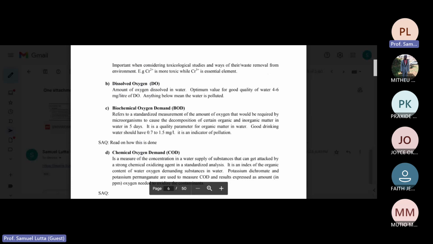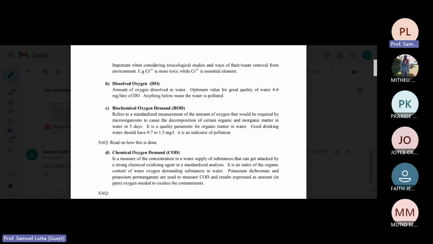We shall see that if you have less oxygen, then it means that you have too many microorganisms in that water, which are consuming the oxygen. And that will mean that it's not very good. So for water to be of good quality, the concentration of dissolved oxygen is between 4 to 6 milligrams per liter. That means for every liter of water, you must have between 4 and 6 milligrams of oxygen. So anything below or above this, then we say that this water is polluted. And we just use this to measure the amount of microorganisms in the water.